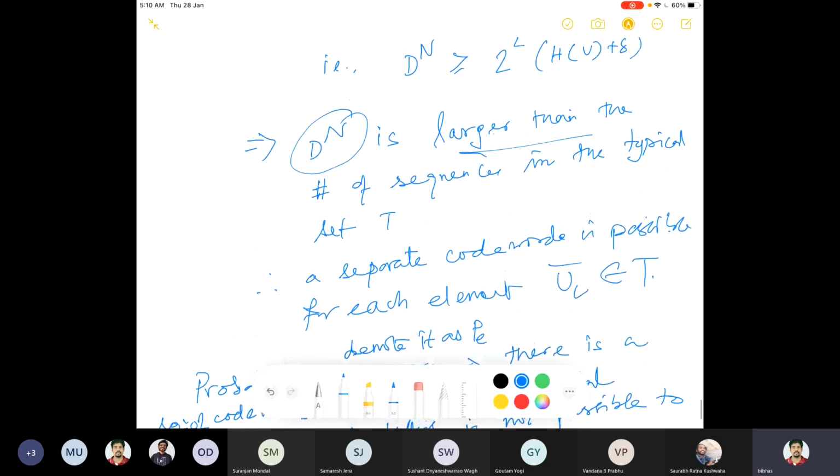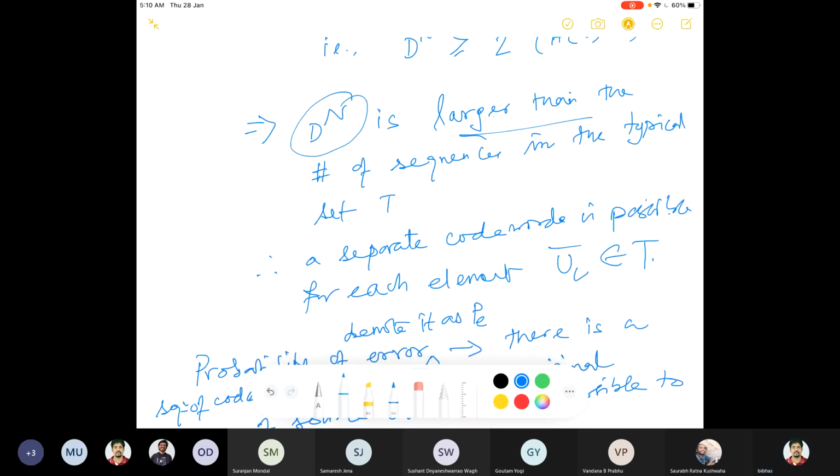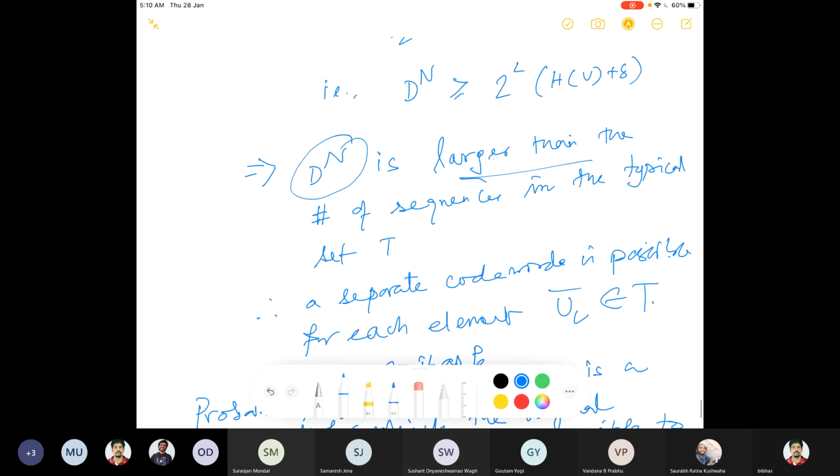If n is chosen like this, what can you say about the probability of this error? There is almost no probability of error, right? Because every sequence in the typical set has a separate word.